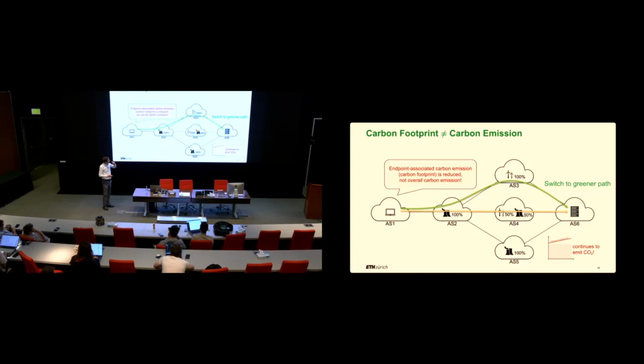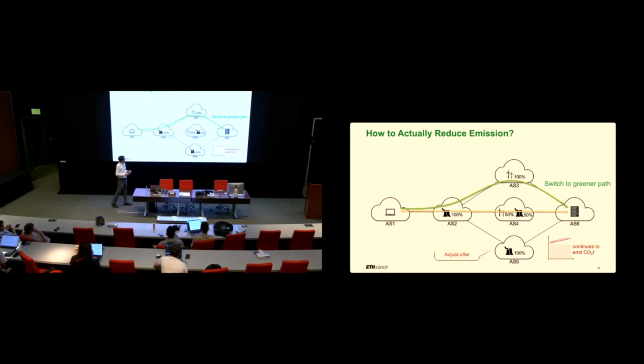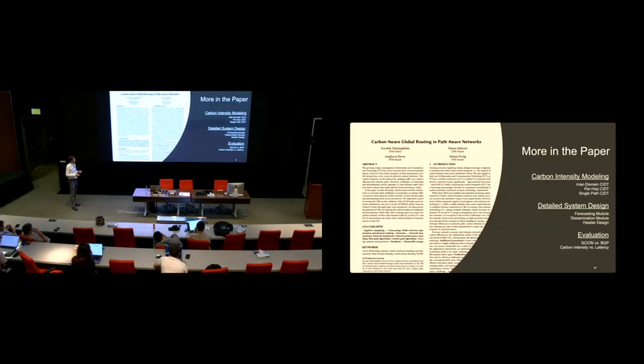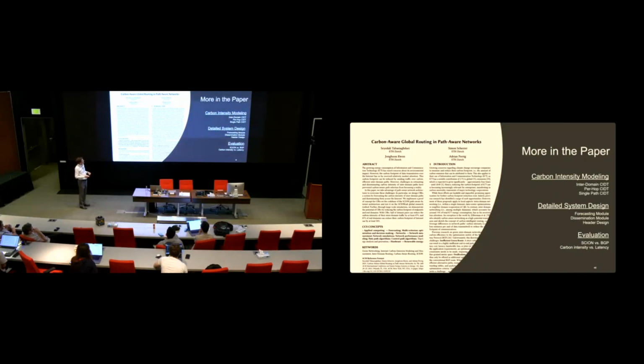Having alternate paths that would be selected by entities who want to lower their CO2 then increases traffic at ISPs that are greener, and is reducing traffic at ISPs who are producing more CO2, and then they would lose revenue, and they would also need to switch to increase revenue. So this virtuous feedback, we analyzed it, and we found that this could actually make a really big difference. So here's one of the two papers that just talks about this carbon-aware green routing.